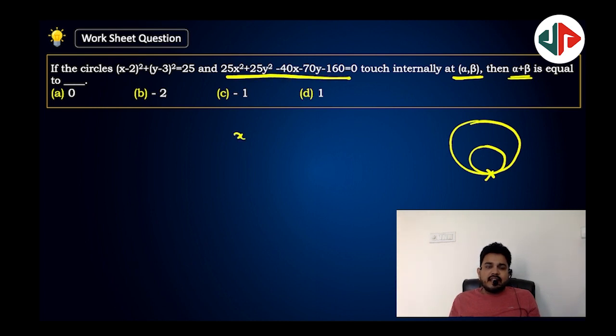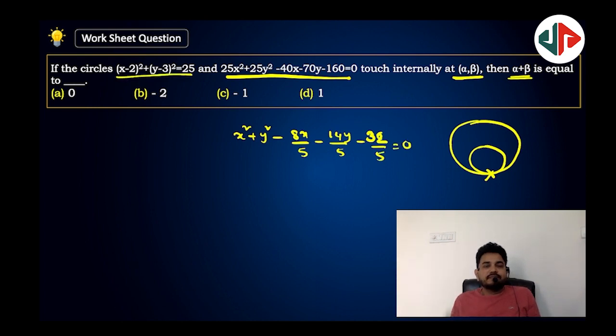This is x square plus y square minus 8x by 5 minus 14y by 5 minus 32 by 5 is equal to 0. Obviously, this is the smaller circle when compared to this one.